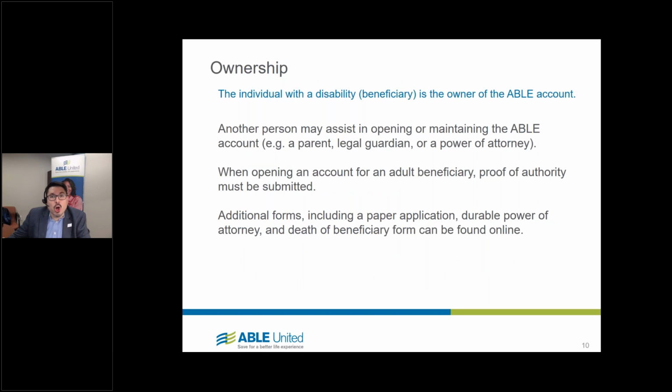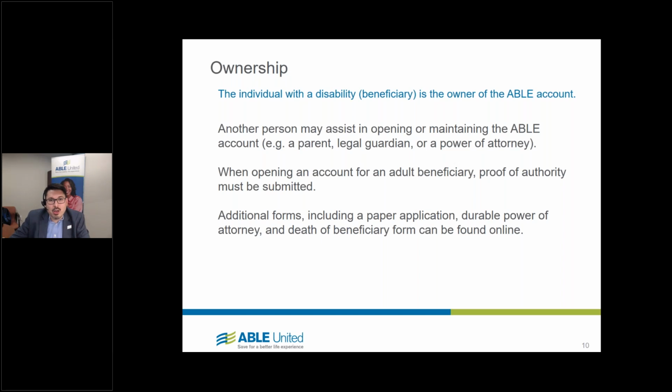Next, we'll talk about who owns the ABLE account. The individual with the disability, also known as the beneficiary, is the owner of their ABLE account. Now, we know that in every situation someone can't open and run their account. So a parent, a legal guardian, or somebody that has a power of attorney may open and maintain the account on your behalf.